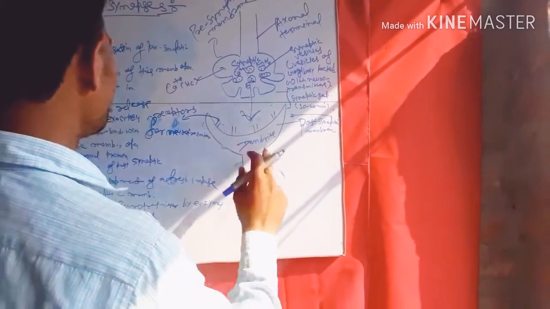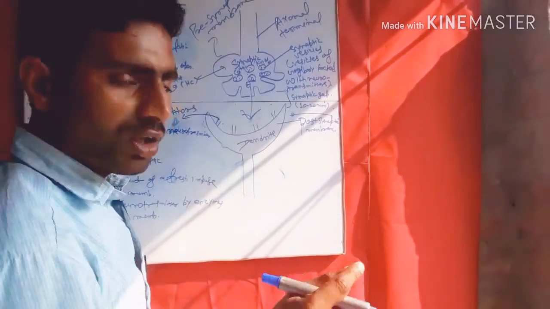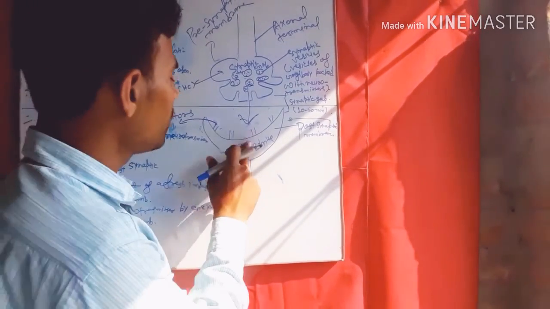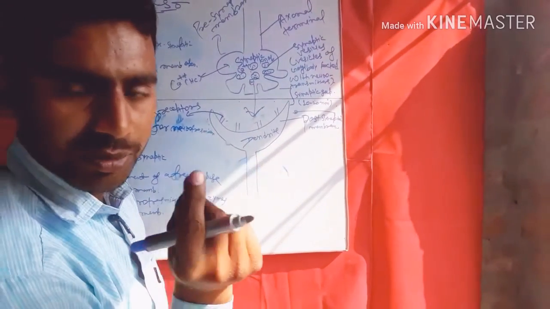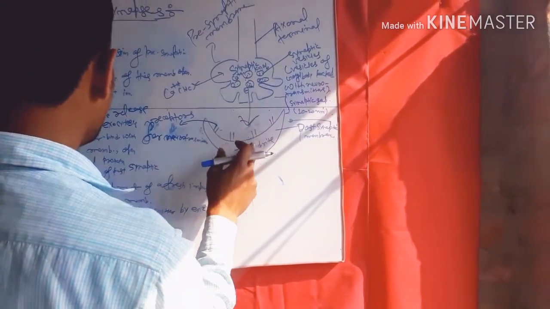Okay. After that, neurotransmitter is secreted from the presynaptic membrane. Then for the neurotransmitter, a receptor is present on the postsynaptic membrane, this means on the dendrite. So here from the synaptic vesicles, neurotransmitter is secreted. After that, what happened?